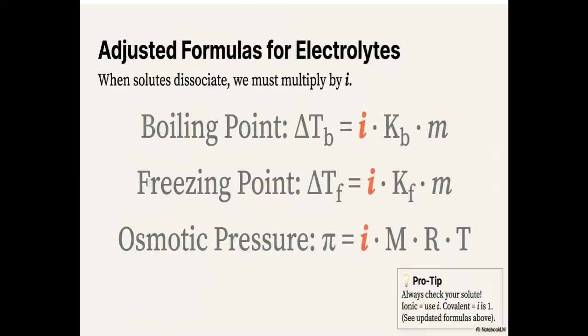But I just wanted to throw all 3 together because they're all affected the same way. So if you do calculations without considering the i factor, you are not taking into consideration the amount of that solute. That will be a big mistake because it's a big, big factor in it.